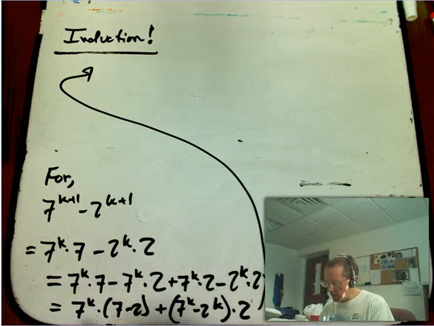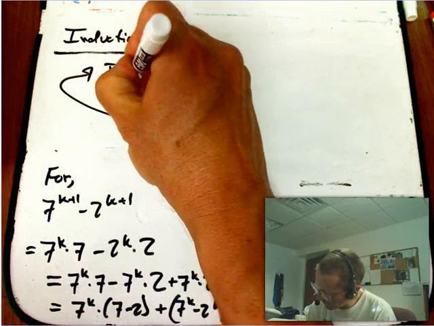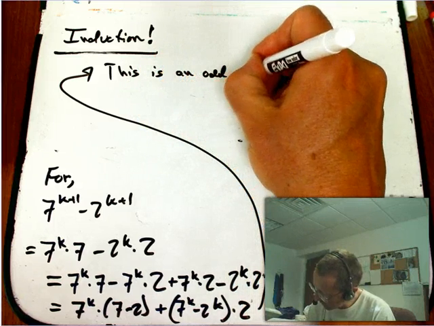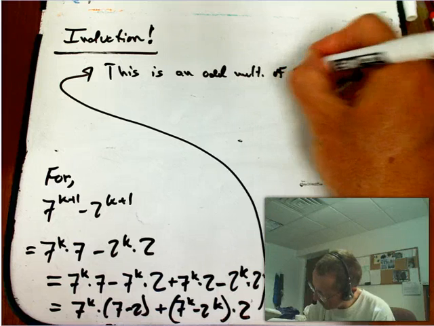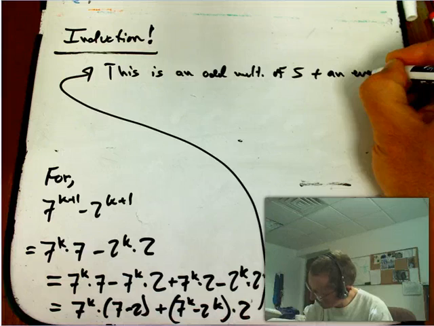And then this is an odd number, 7 in this case, certainly odd, times 5, so that's an odd multiple of 5. So this is an odd multiple of 5 plus an even multiple of 5.